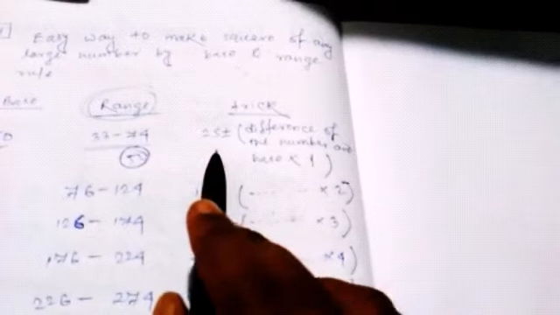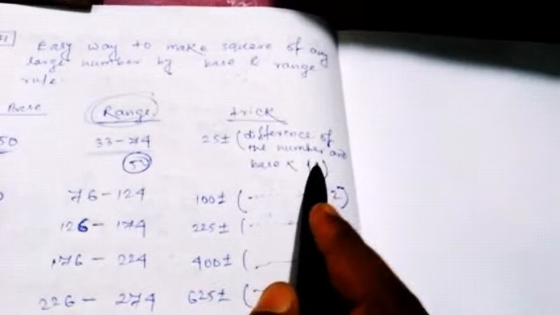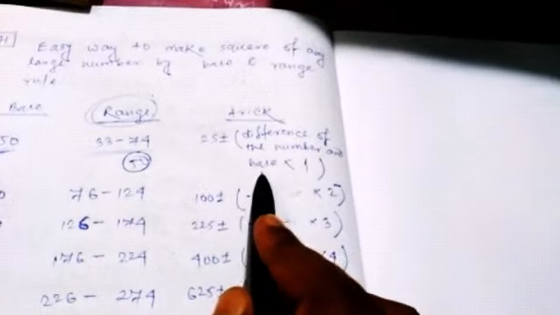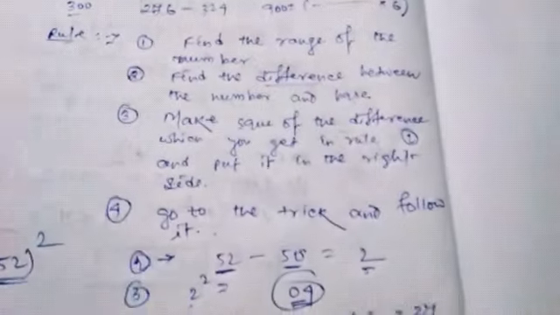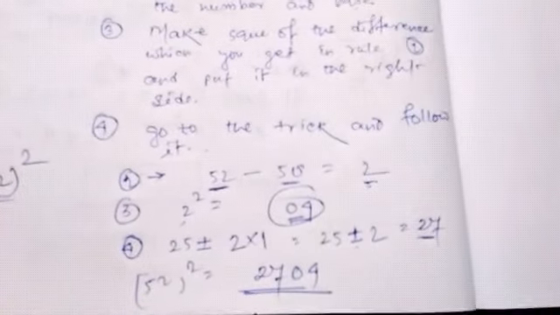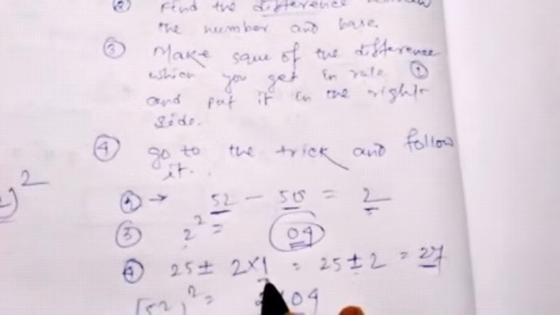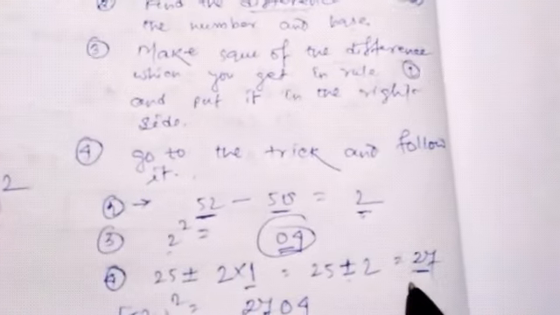And the trick was that 25 plus minus difference of the number and the base into 1. Difference of the number and the base, it was 2, and it was multiplied by 1, then we got 27.